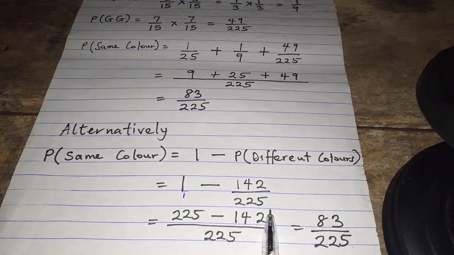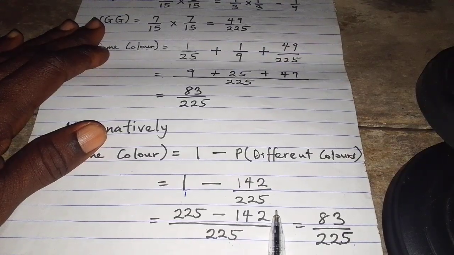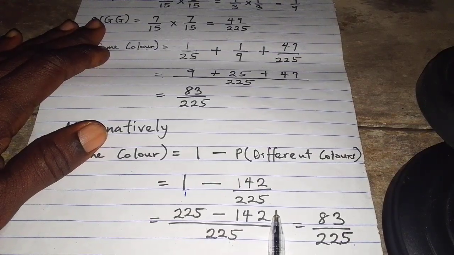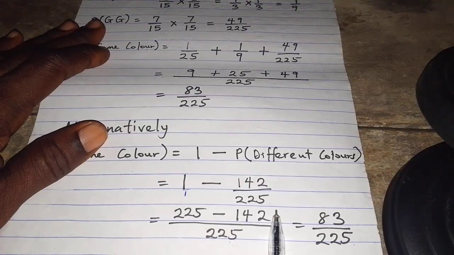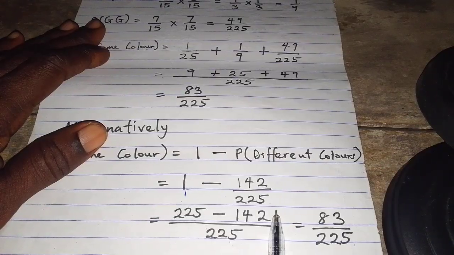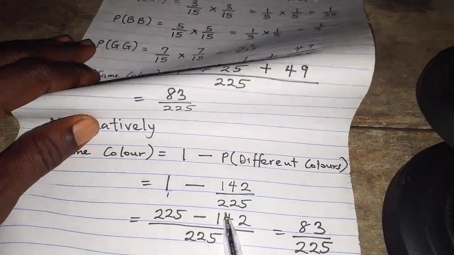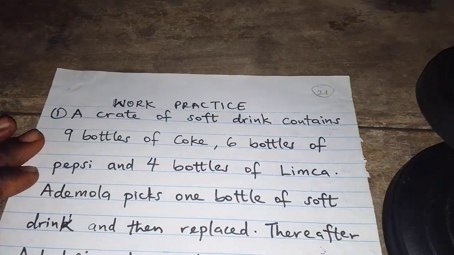So since it's either you have the same color or a different color, and you've been able to look for the probability of different colors, what will you now do? You can just subtract the probability of different colors from one whole number to get the probability of the same colors. So for the work practice, you are going to do this.